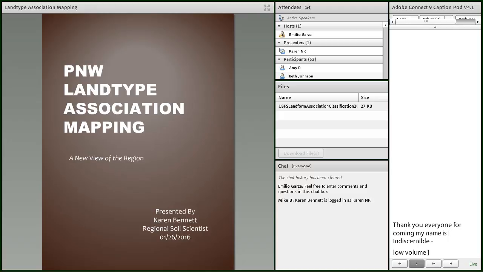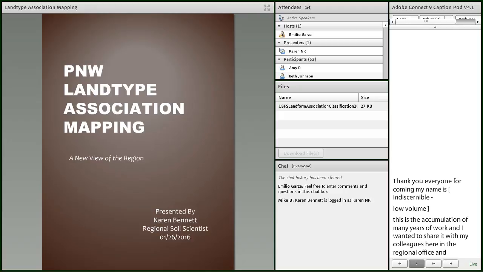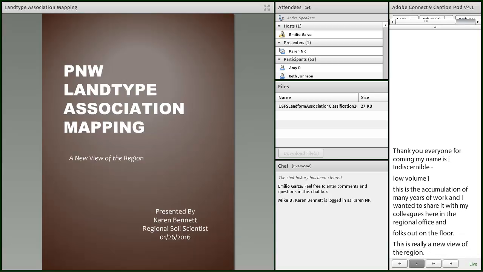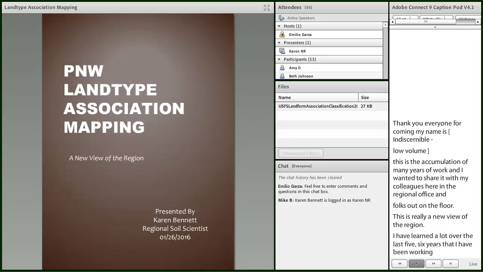But this is really a new view of the region. I've learned a lot over the last 5-6 years that I've been working on this, and I think that the goal is to keep learning how to use this mapping tool.